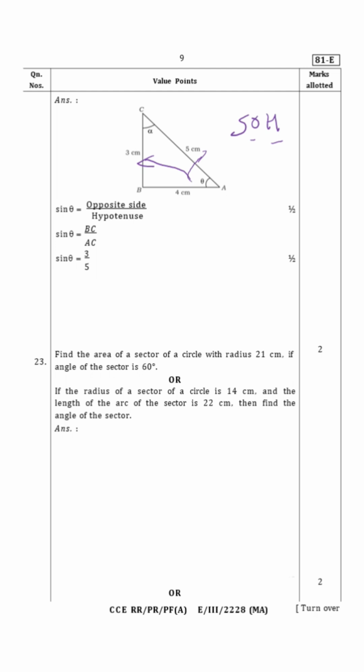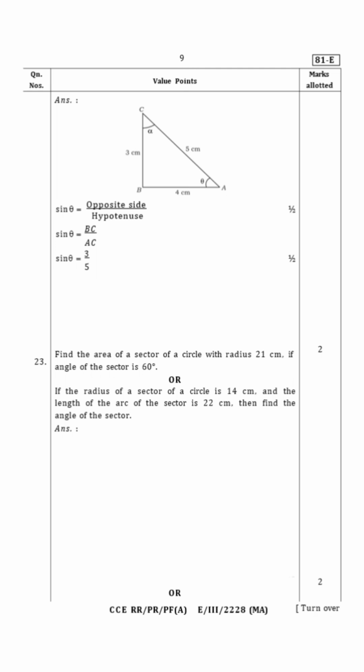Now let us find cot alpha. Angle C is alpha. Cot alpha is the reciprocal ratio of tan alpha.